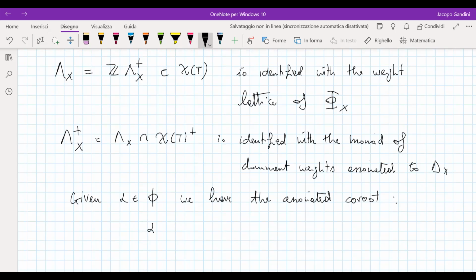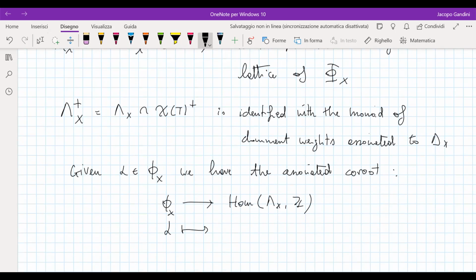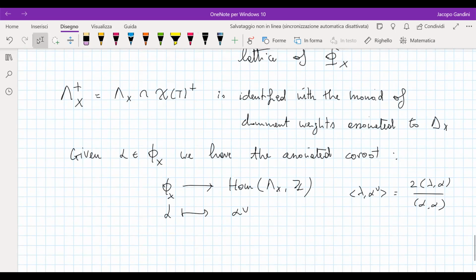Namely, we have a map from phi_X to the homomorphisms of the weight lattice to Z, sending alpha to alpha check, where alpha check is defined by the usual definition. These are not roots of the group. We will give an example where we see this more closely, but these are not roots of the group. So in some sense we are recollecting the root datum.